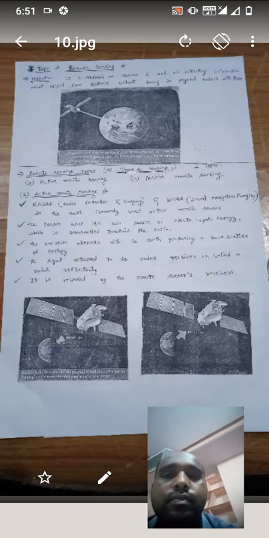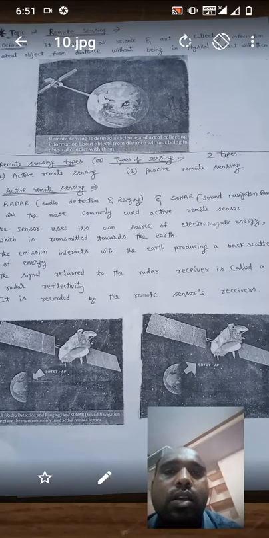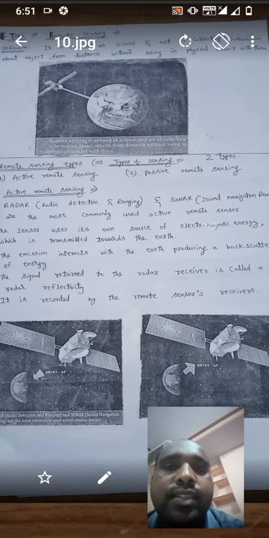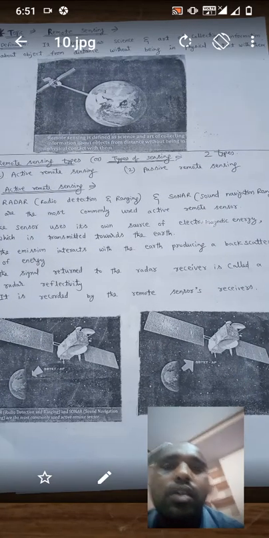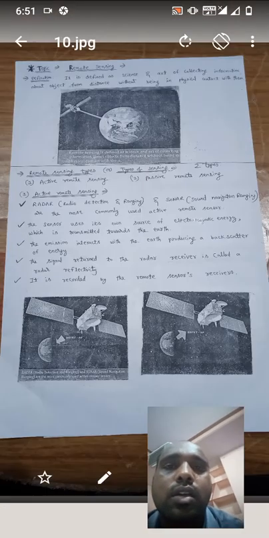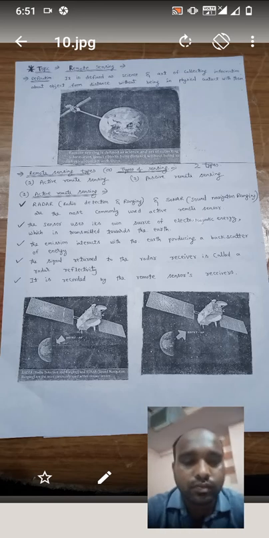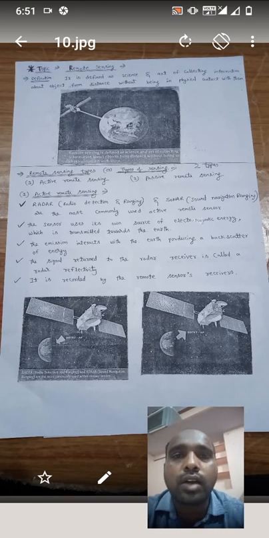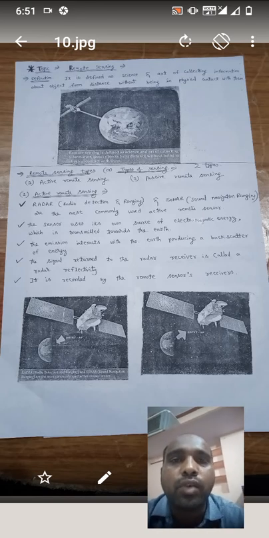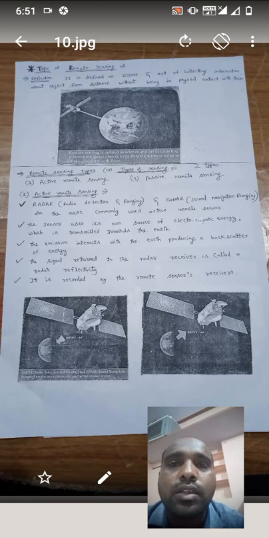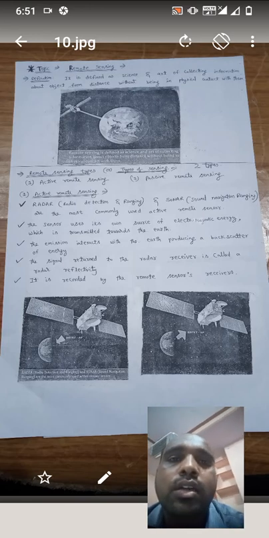Next topic, remote sensing. It is defined as the science and art of collecting information about objects from a distance without being in physical contact with them.